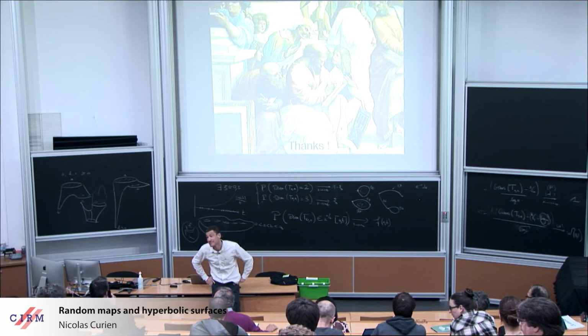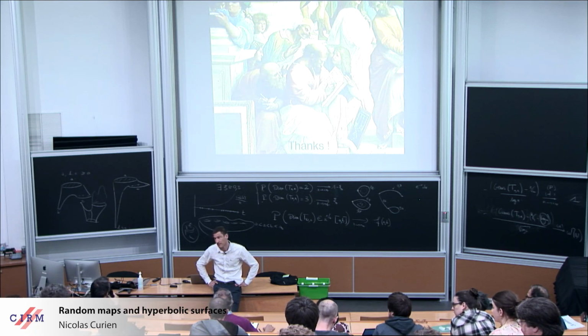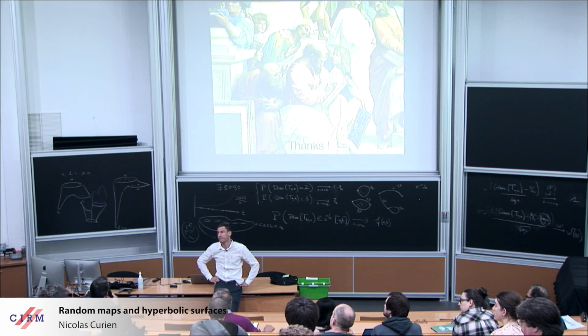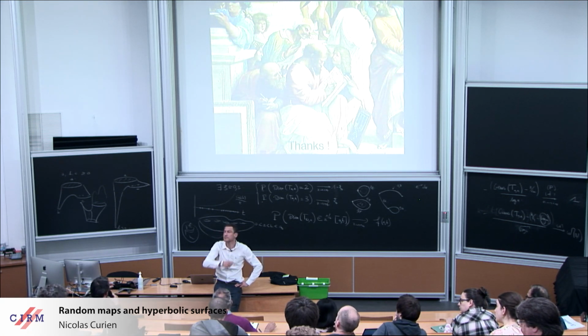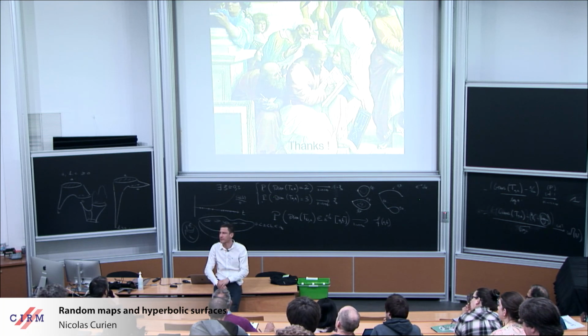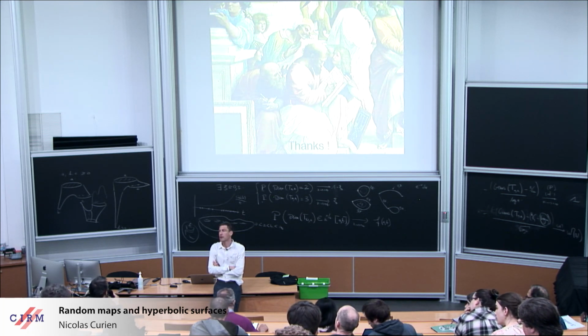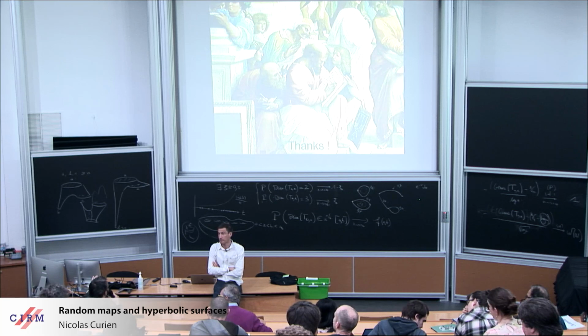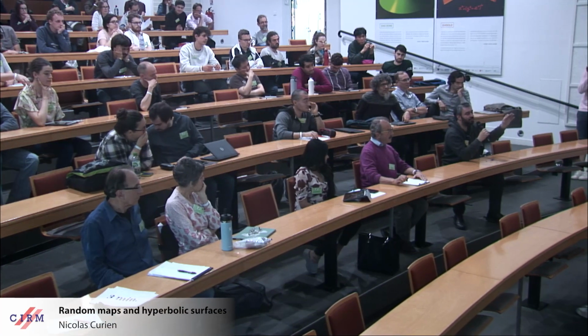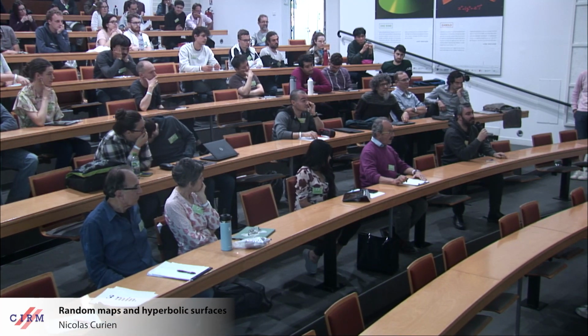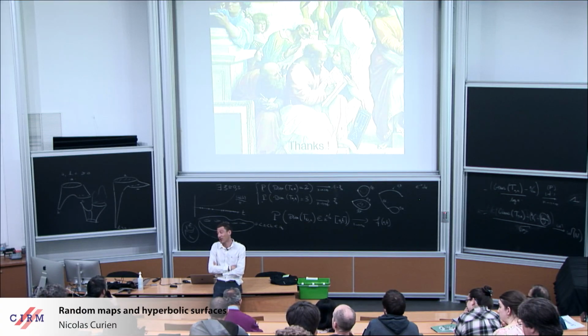In the pair of pants decomposition, you said that you have a single point in the Teichmüller space with the proper constraint. If I give you any representation as a point in the Teichmüller space, do you have any idea how to compute this unique representation? No, this is complicated.